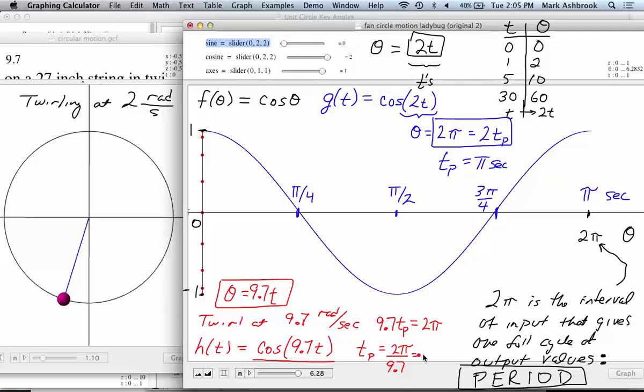It's about 0.6 something. 6 what? So let's say 0.65. What are the units on the 0.65? Is it feet, meters, radians, seconds? Seconds. It's a time. It's an input.